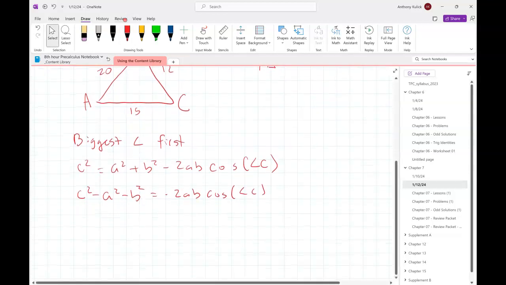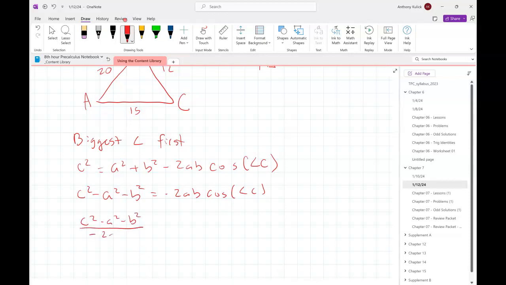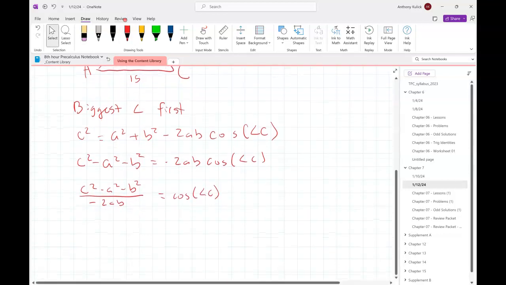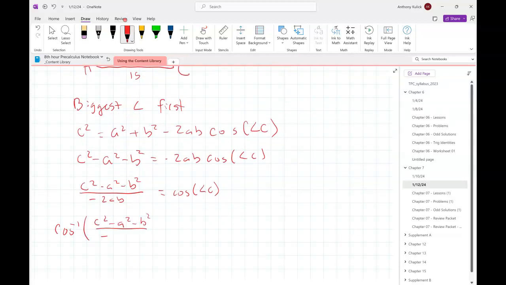And then we're going to divide over the minus 2ab. And then we're going to do cosine inverse of both sides. And that's my angle C by itself.